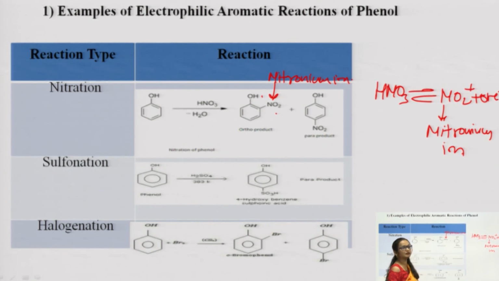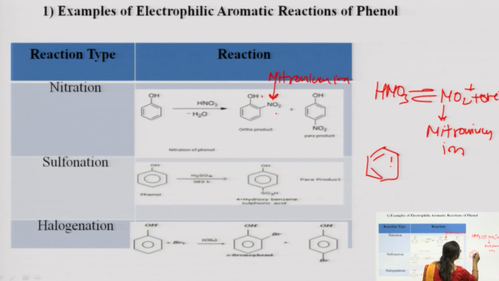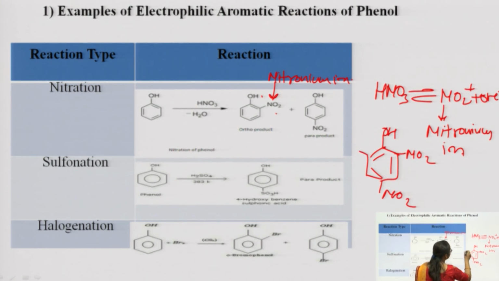One more point during nitration is, when it is treated with a high concentration of HNO3, a product is formed. See this, at the ortho position NO2 got attached, at para NO2 got attached, and again at the other ortho position it is going to attach.